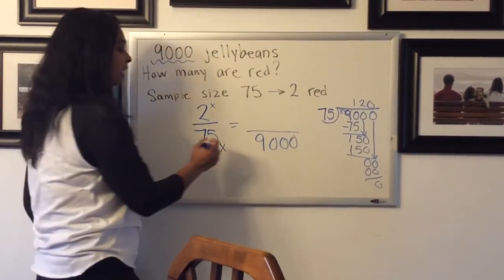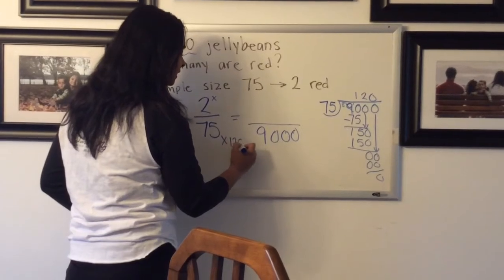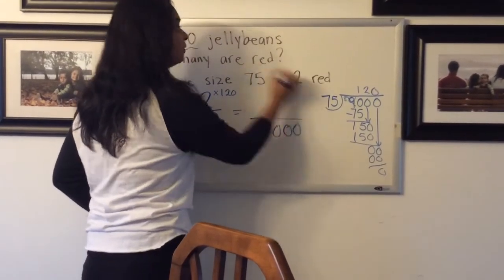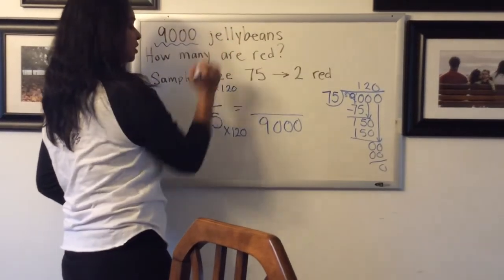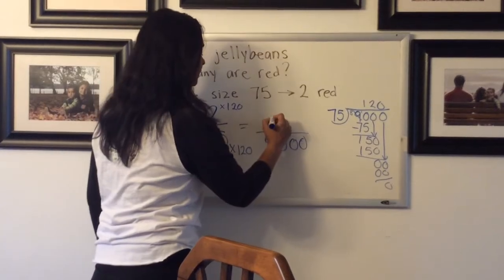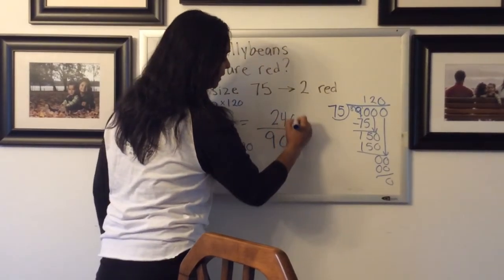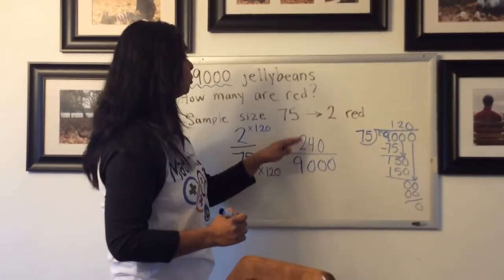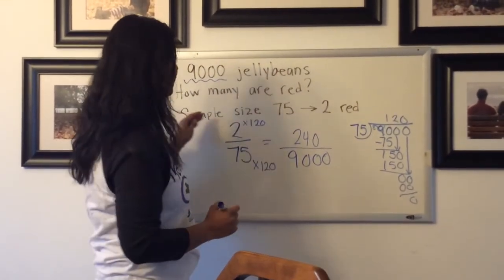I'm going to be multiplying 120 for the numerator and denominator to get my full population of jelly beans. So 2 times 120 is 240. So about 240 would be red according to my sample size.